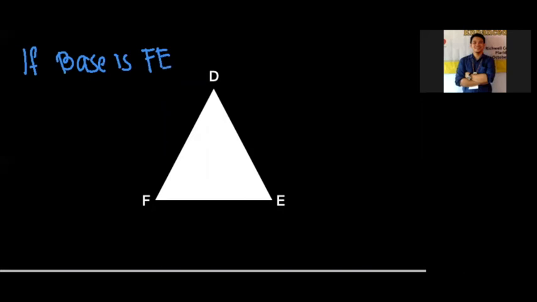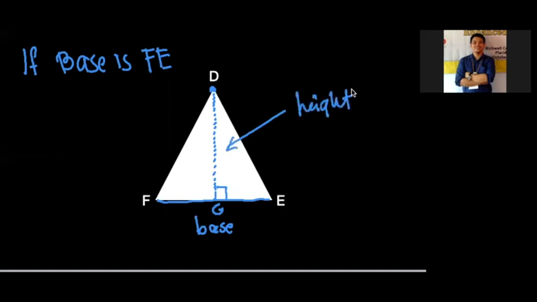If the base is FE, we need to draw a line perpendicular to FE from vertex D. So we can draw an imaginary line, a dotted line, going down here to the base that is perpendicular, and we can name that point G. Therefore, DG is the height of this triangle if the base is FE.